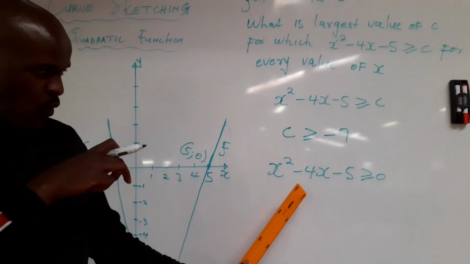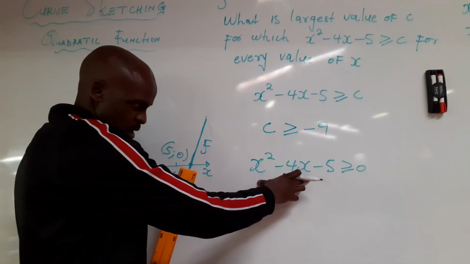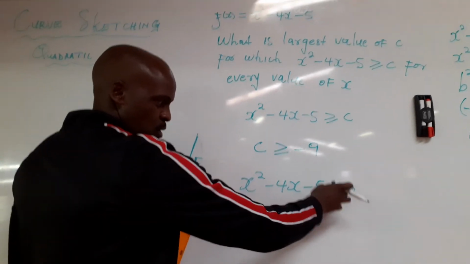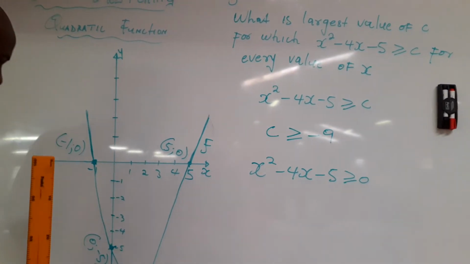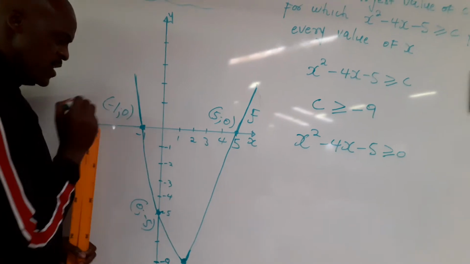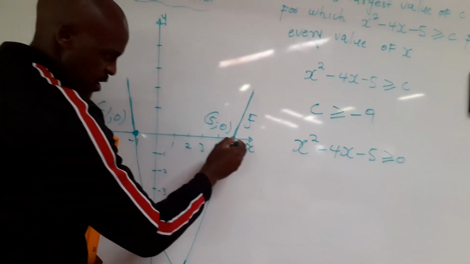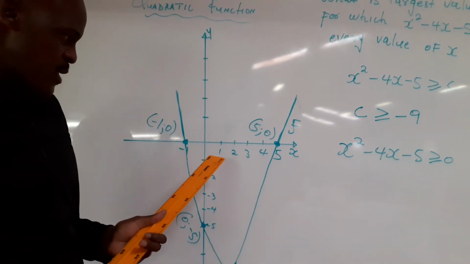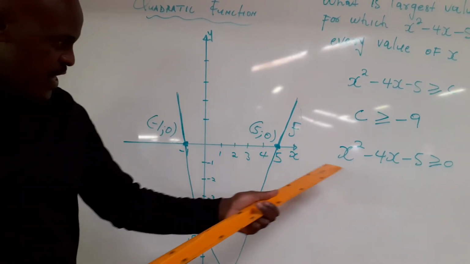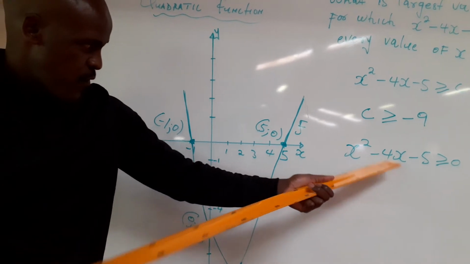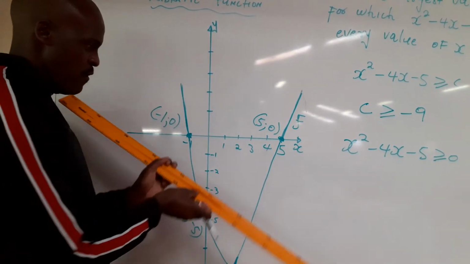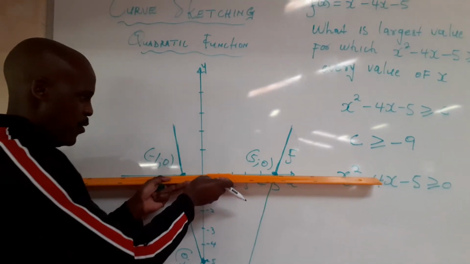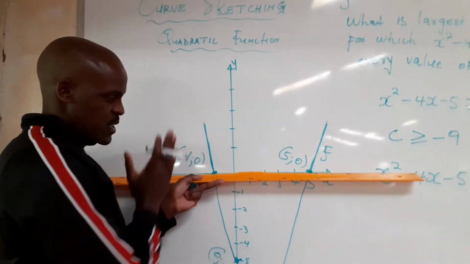The values of x for which our y is greater or equal to 0. Remember, our y here is 0. Our y there is 0. So we are looking for the values of x for which our y is positive. So obviously, when we look here, our y will be positive only above the x-axis.